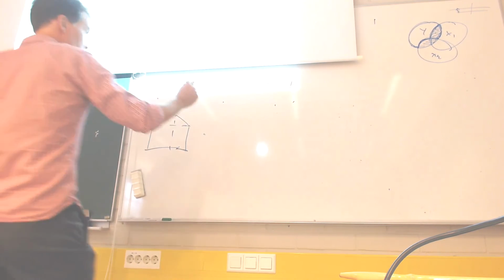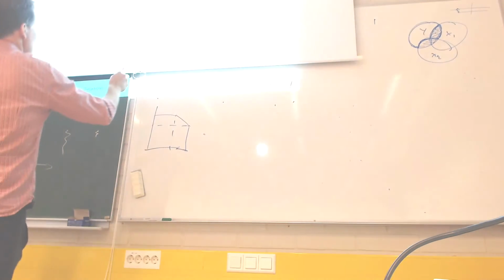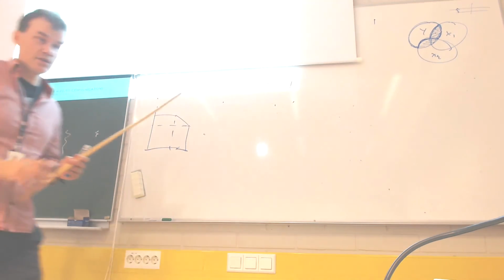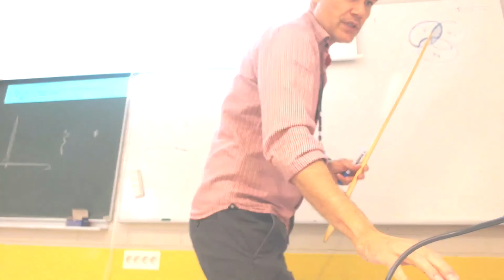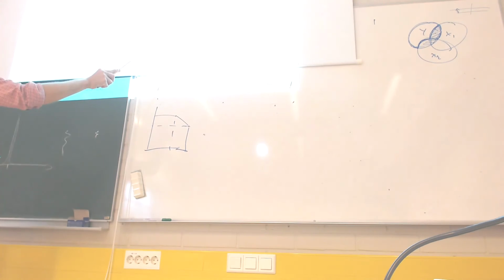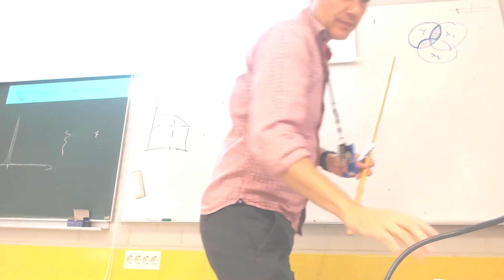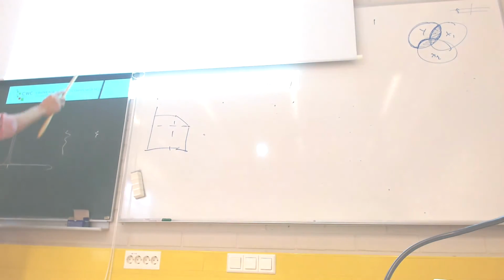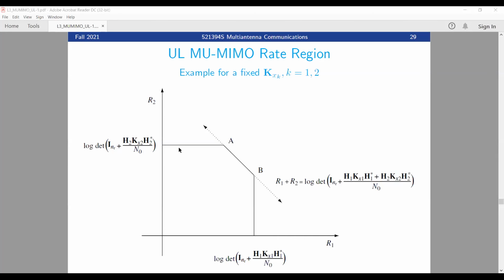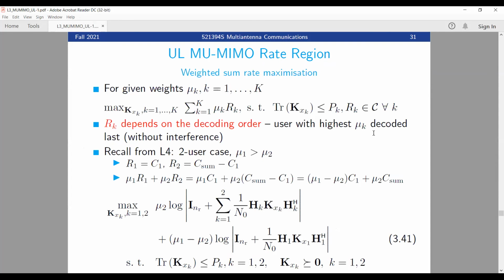So if we have this strategy that mu1, the weight of user 1, is higher than user 2, we are in this region. Weight of user 1 is higher than user 2. User 1 is decoded last, so it gets the single user capacity. User 2 gets the remaining capacity.